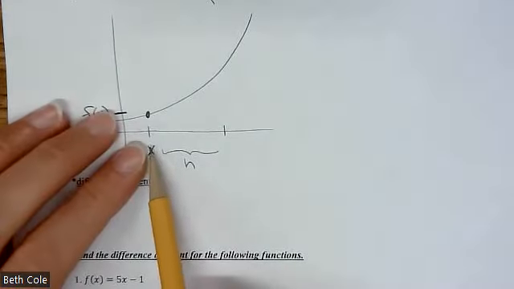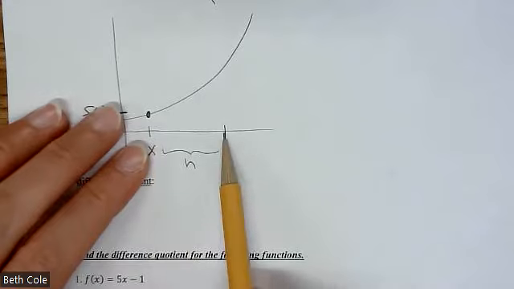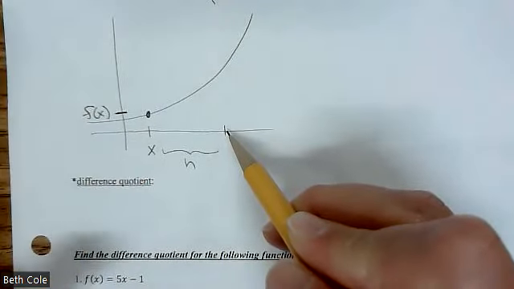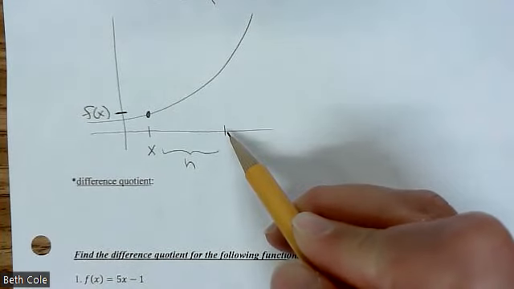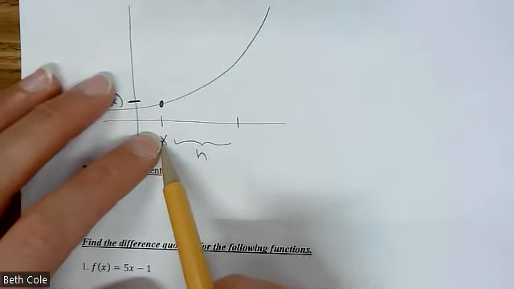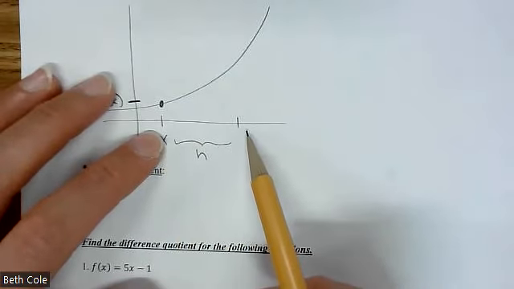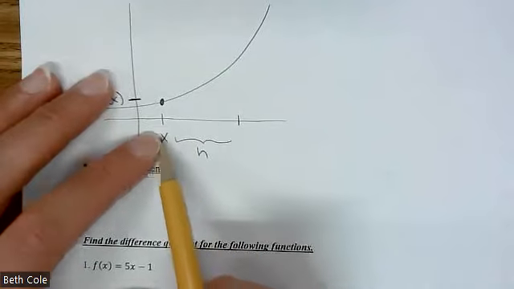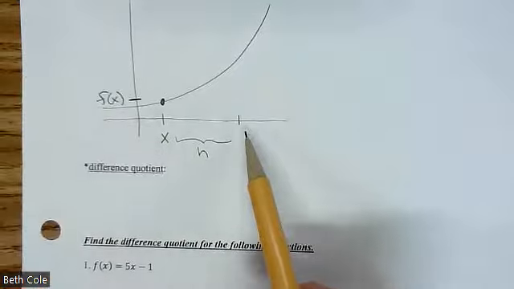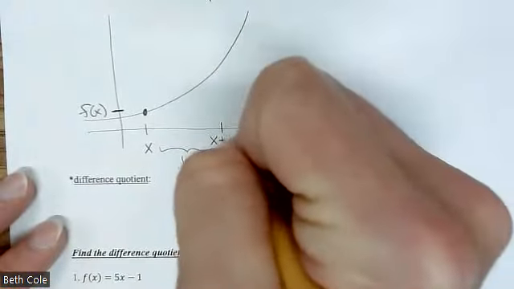So if you start at X and you travel a distance of H, what is this new value that we're at? Let's use actual numbers. If you start at 3 and you travel a distance of 7, where'd you end up? 10. So if you start at X and you travel a distance of H, X plus H is where you ended up.